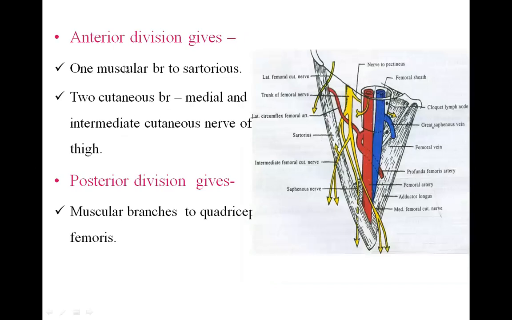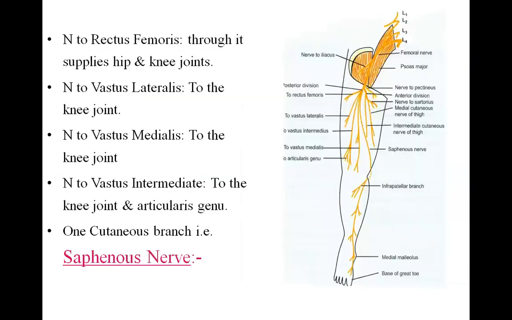Anterior division gives 1 muscular branch to the sartorius muscle and 2 cutaneous branches, the medial and intermediate cutaneous nerve of the thigh. Posterior division gives muscular branches to the quadriceps femoris, that is the rectus femoris, and the 3 vasti muscles. Nerve to rectus femoris also supplies the hip and the knee joint.